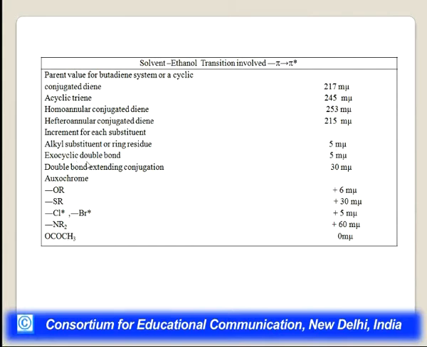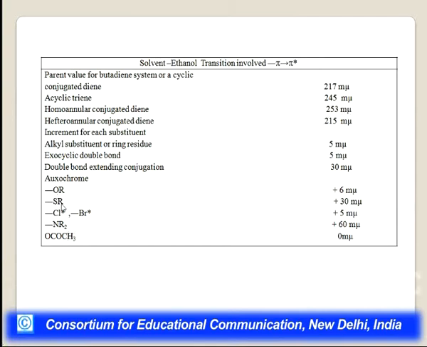For each exocyclic double bond the contribution to lambda maximum will be 5. For a double bond that extends the conjugation, the contribution to lambda maximum will be 30 millimicron. These are the values given for different auxochromes. For OR, that is alkoxy group, the contribution is plus 6 millimicron.